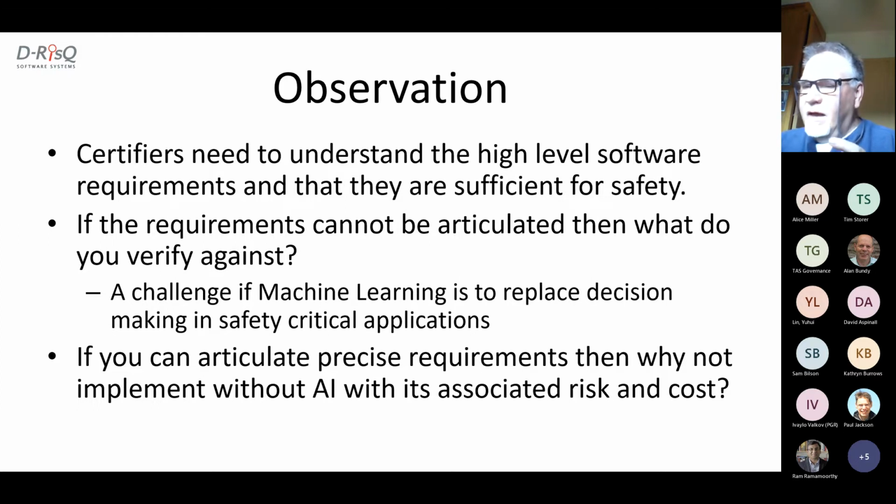Now, there is a halfway house compromise that you can make, maybe using the best aspects of both, where you have precisely defined high-level software requirements, and then you implement a safety cage around an AI. So AI might be able to achieve the objectives that you want in a smoother, more efficient way.